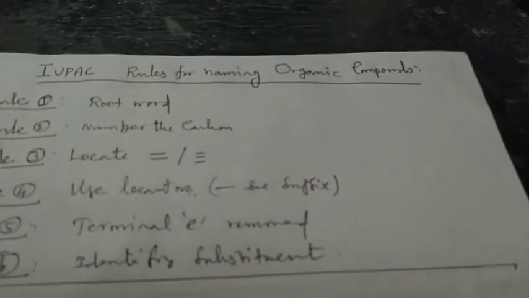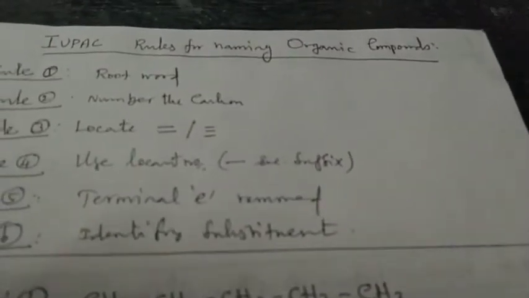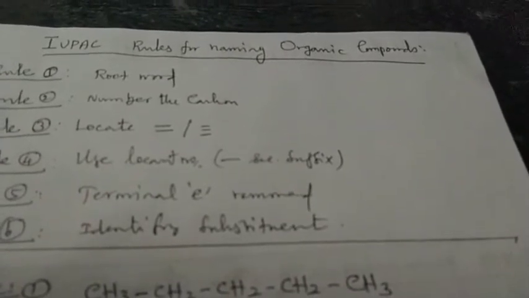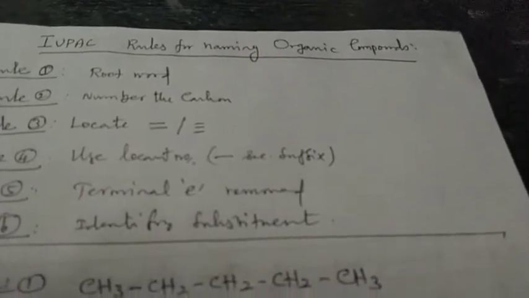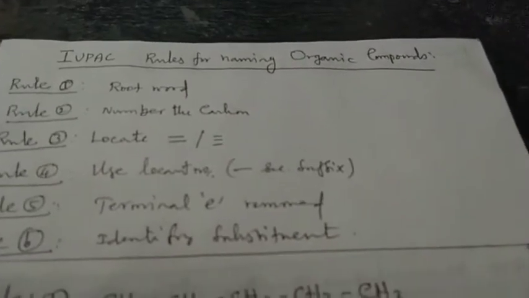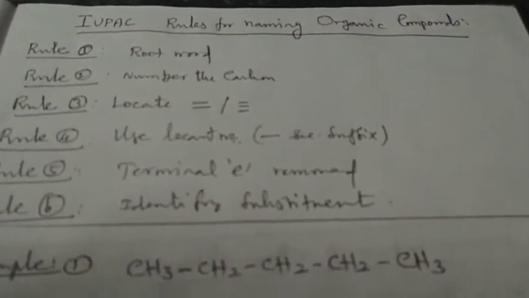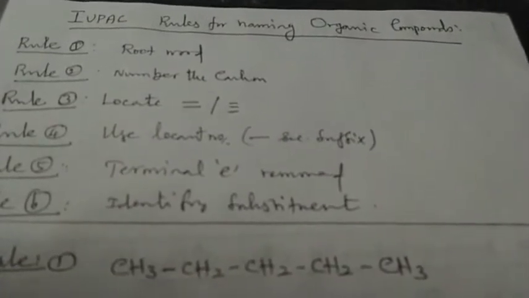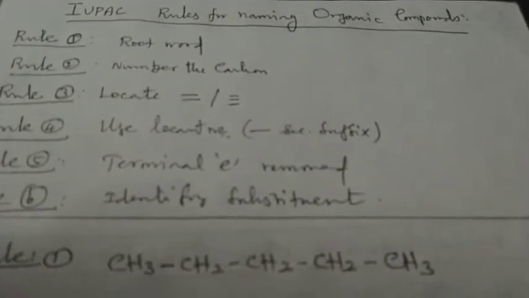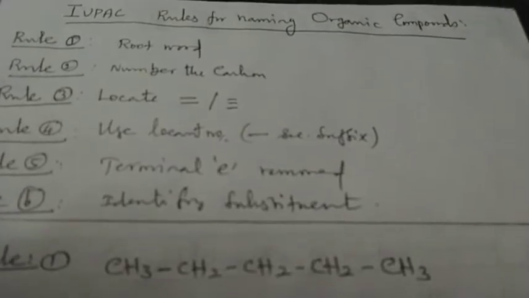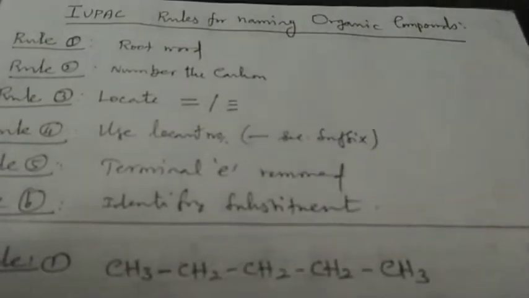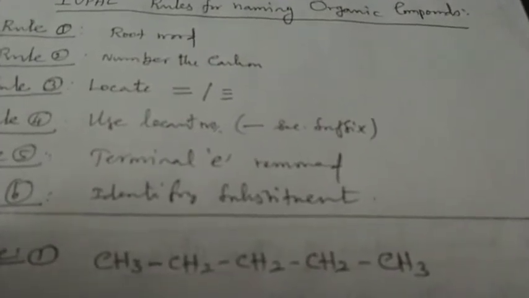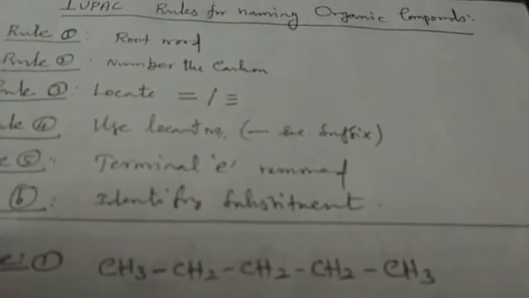Yes, my dear students of 10th standard, we are going to learn about the IUPAC rules for naming organic compounds. According to the IUPAC pattern, there are 6 rules. First, find the root word by checking the number of carbon atoms. Then give numbers to the carbon atoms based on the presence of a substituent or functional group.